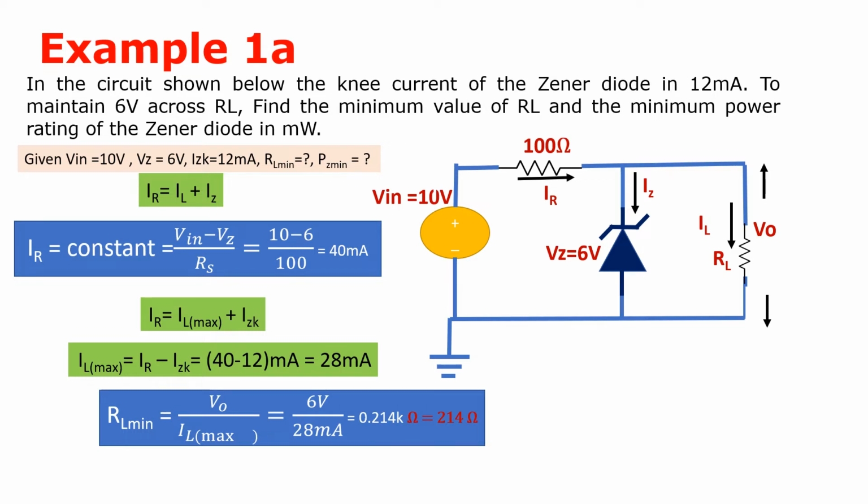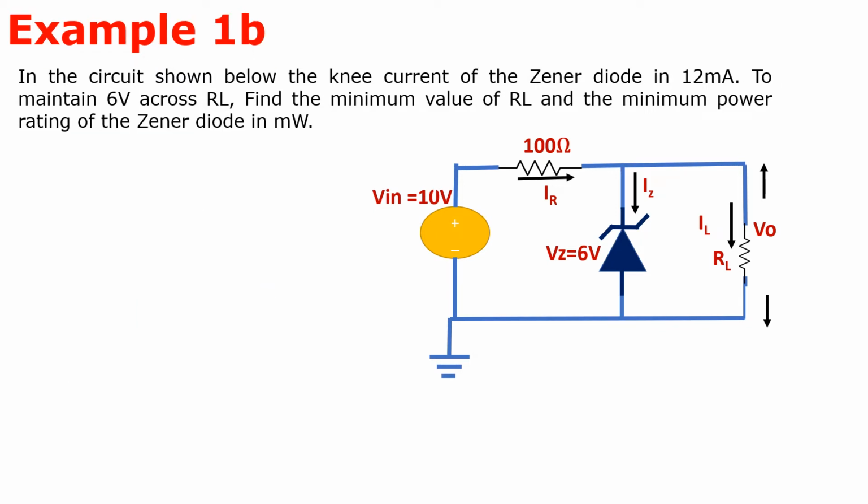So we can calculate by applying a simple formula, V upon I. VO is 6 volt and IL max is 28 milliamps. If you calculate, it becomes 214 ohm. So now we got the result that the minimum load resistor is 214 ohm.